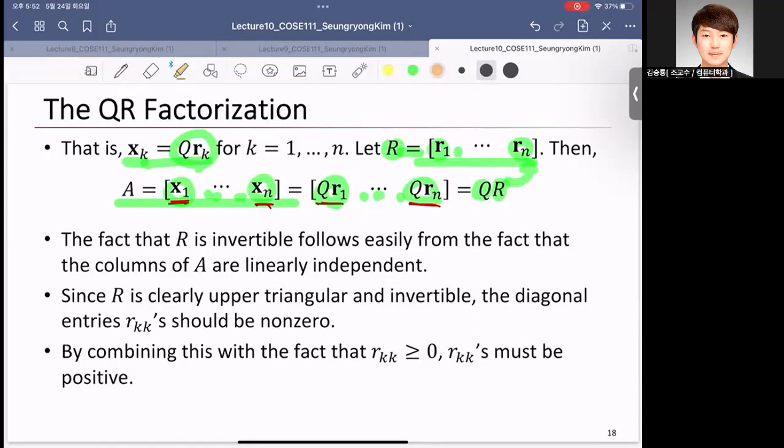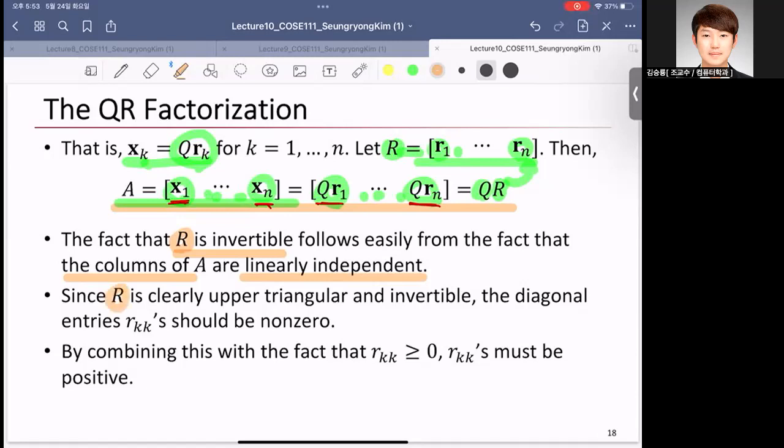That's the QR factorization. A is equal to QR. The fact that R is invertible follows easily from the fact that the columns of matrix A are linearly independent. Because the columns of matrix A are linearly independent, we can easily say that matrix R is invertible.